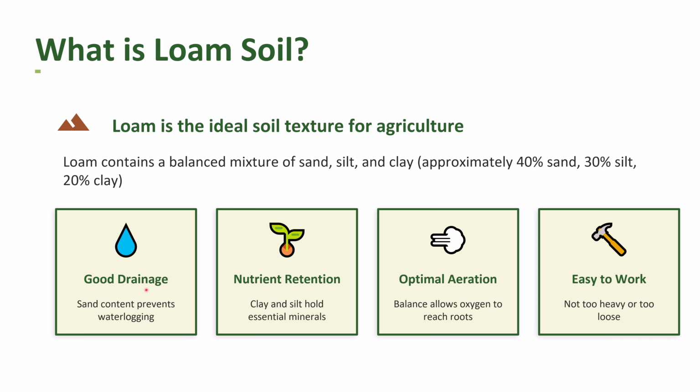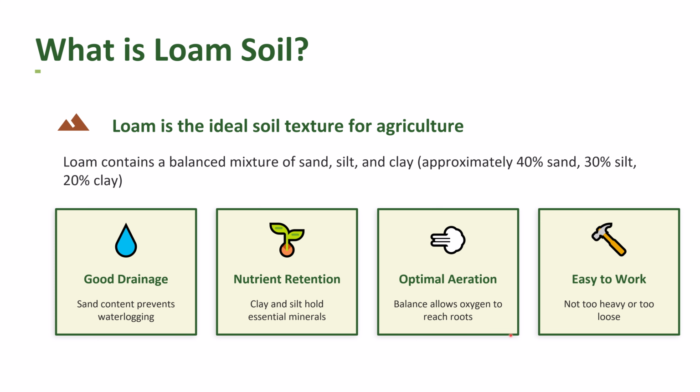Good drainage. Because of the sand, water flows through easily so the roots don't drown or rot. Nutrient retention. Thanks to the clay and silt, it holds on to the essential minerals plants need to eat. Optimal aeration.